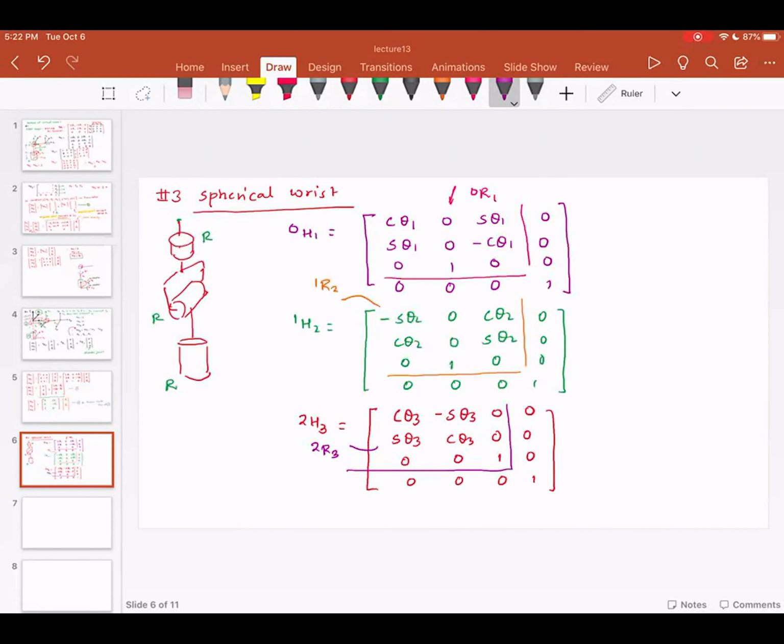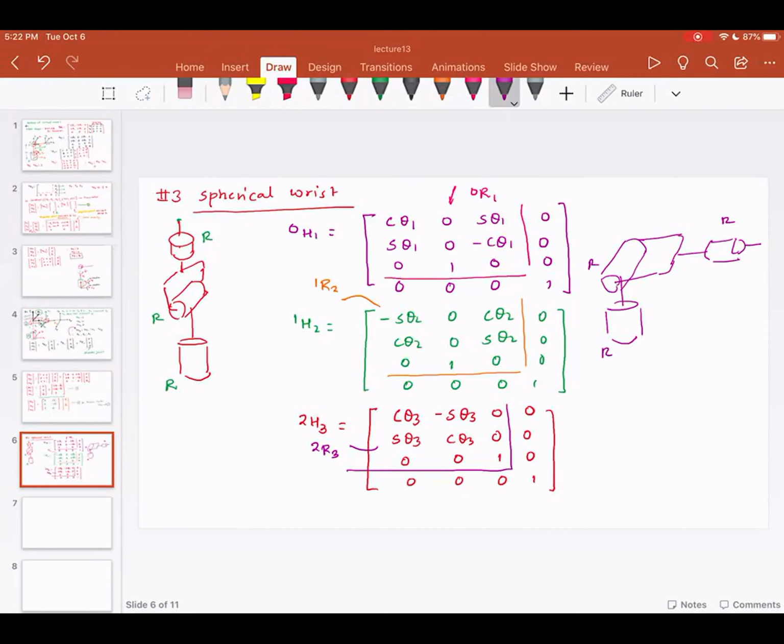Remember the spherical wrist? We actually drew the kinematic diagram in this orientation. I think this was the lesson before DH parameters. Then we set up the equations, and we found these three homogeneous transformations.